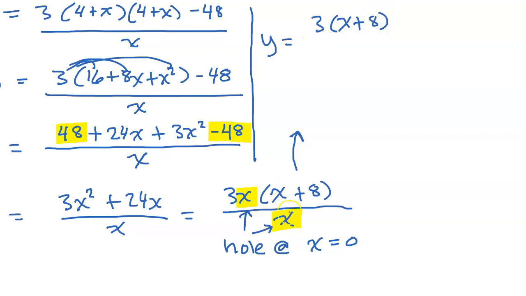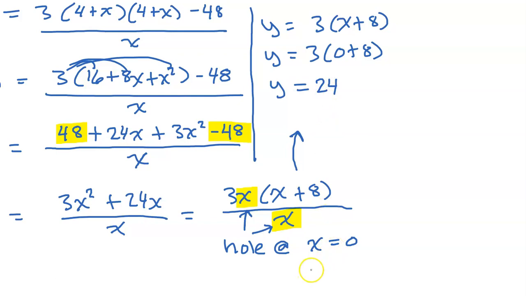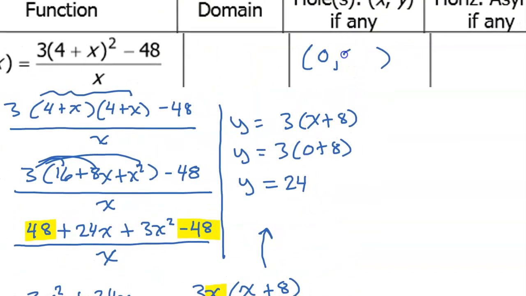Oh, well, that's it, because the x is gone. But x is 0 in this case, so y will equal 3 times 0 plus 8, which is just 3 times 8, which is 24. So we have x equals 0 and y equals 24. So that's 0 comma 24.